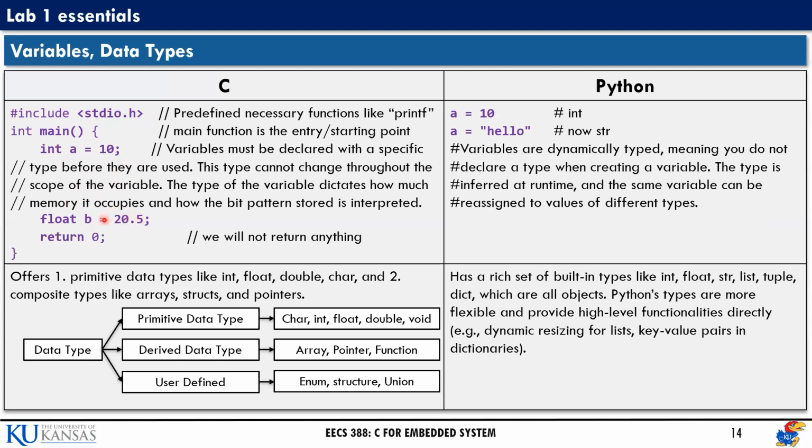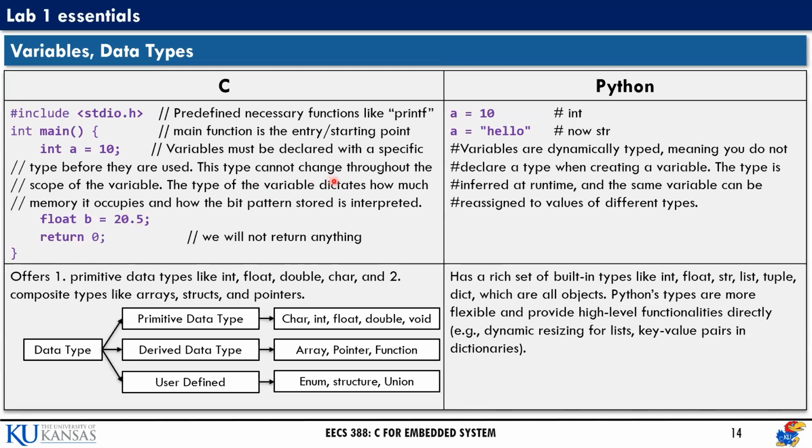But if instead of this floating number, you want to store a string, you can't do that in C. But in Python, it's very straightforward. Previously, for example, the variable a was an integer, and now it's changed to a string.